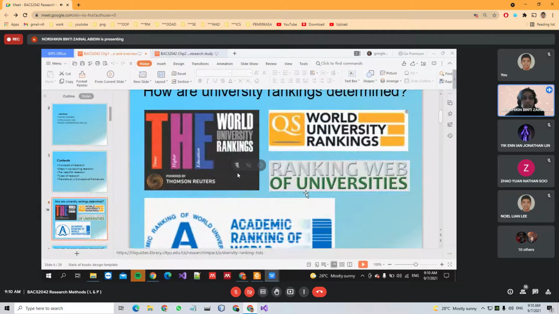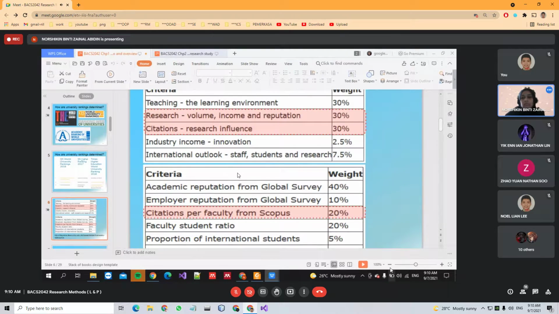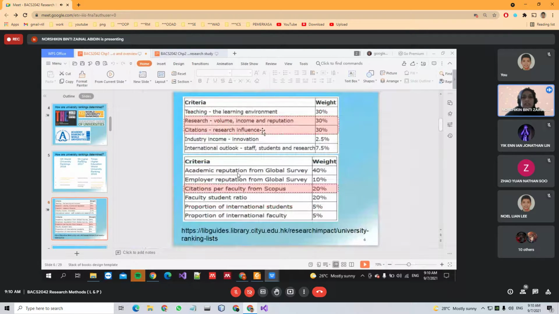In the world, and even in Malaysia, universities are ranked. One of the criteria is based on research, maybe on the number of research projects they conduct or the number of research papers they publish.